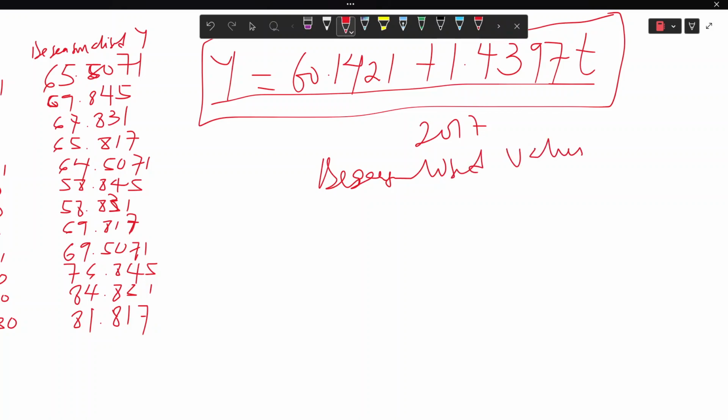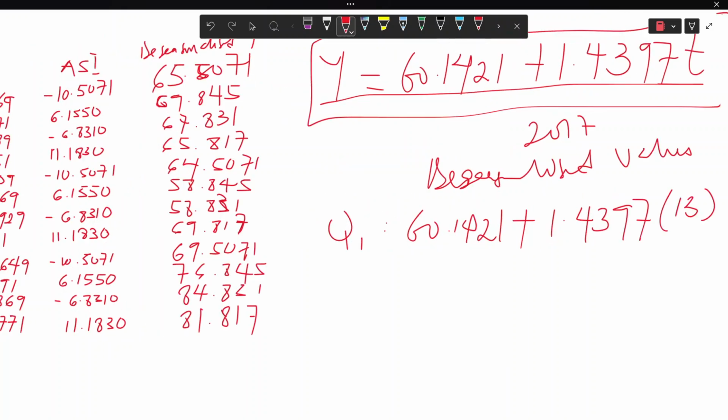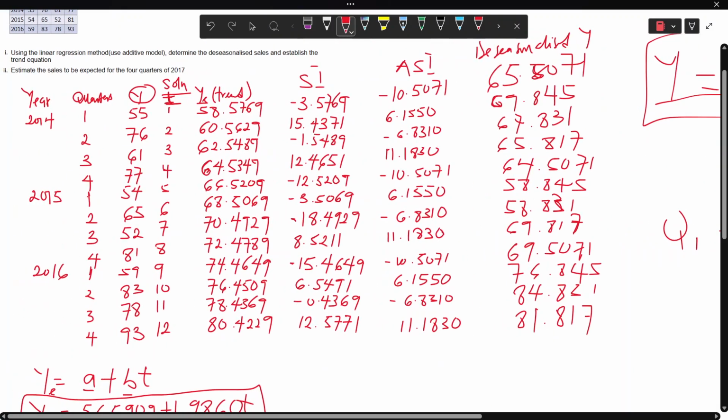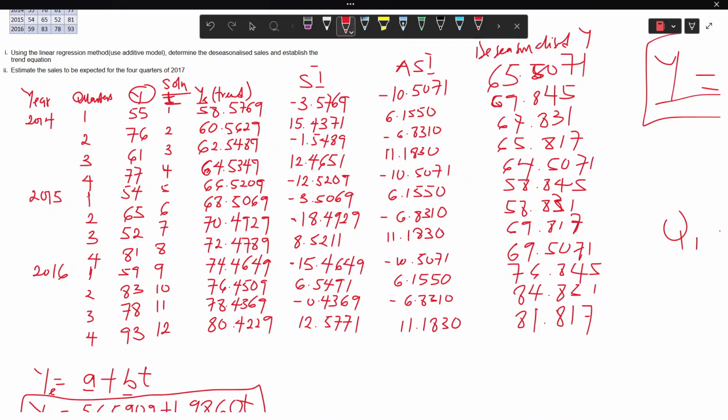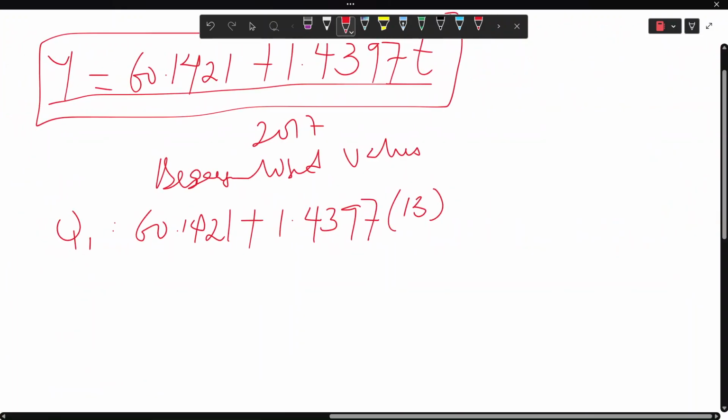So the deseasonalized value for quarter one in 2017 is given as 60.1421 plus 1.4397 times T. Now the T for 2017 quarter one is 13 because we ended at 12.